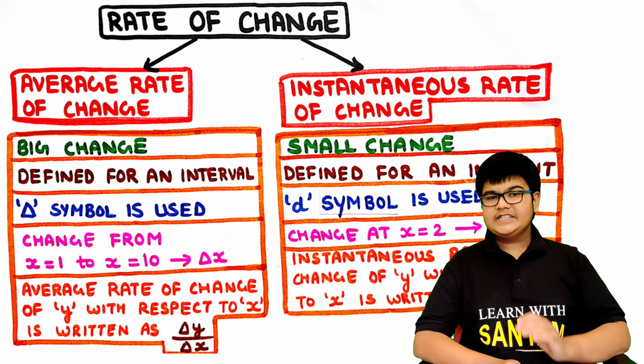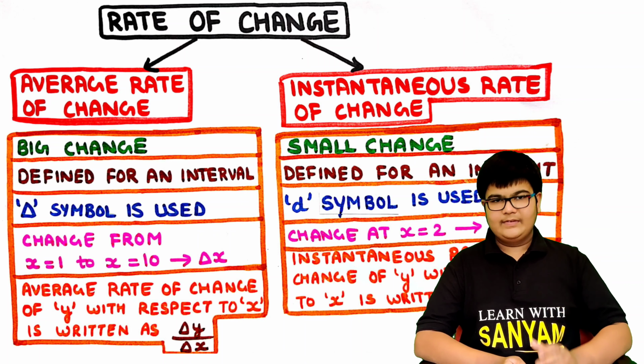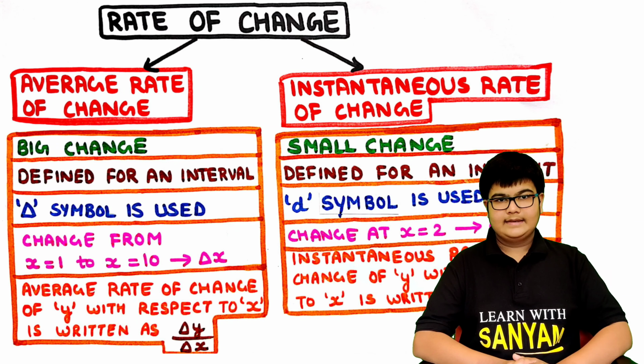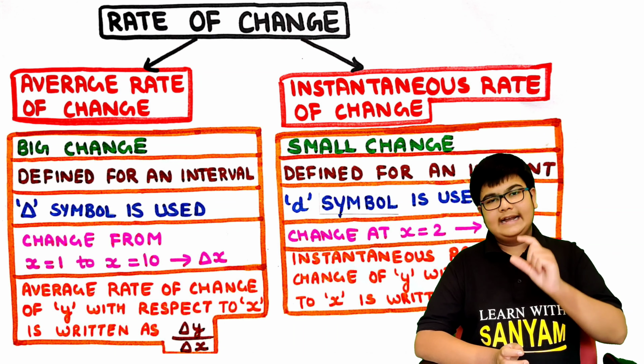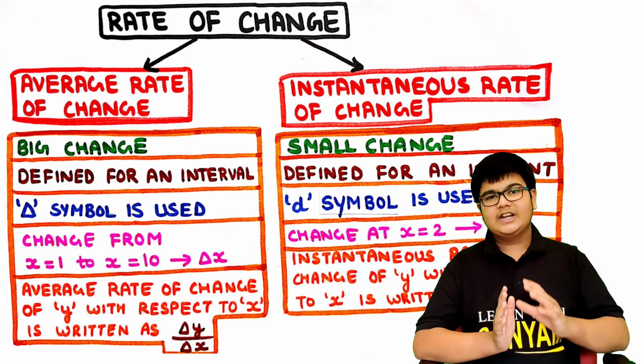Now, average rate of change of y with respect to x will be written as delta y upon delta x. So whenever we write delta y upon delta x, it means the average rate of change of y with respect to x.